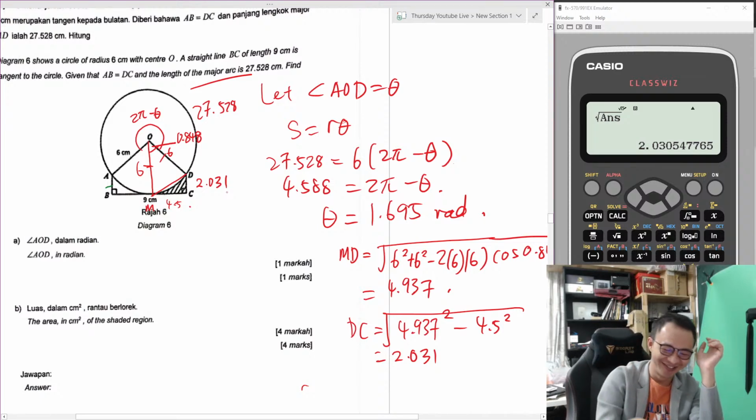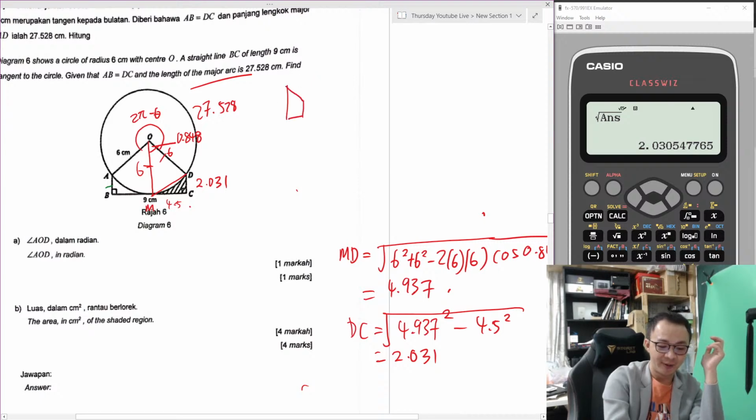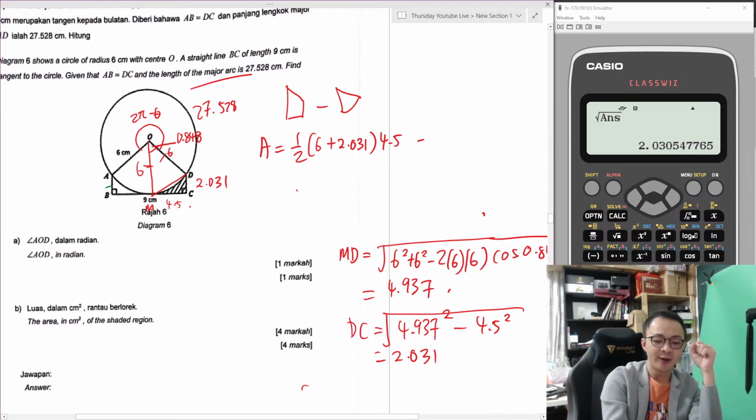I just need to use the trapezium minus the area of the sector to get the area of the shaded region. The area of the trapezium is half times (a plus b) times height, which is 4.5, minus the area of the sector, half r squared theta, where theta is 0.848.